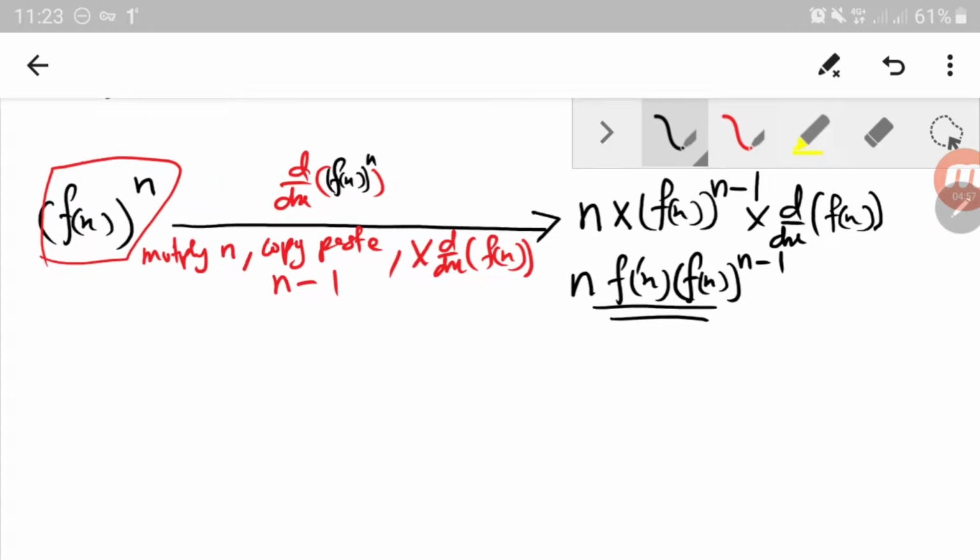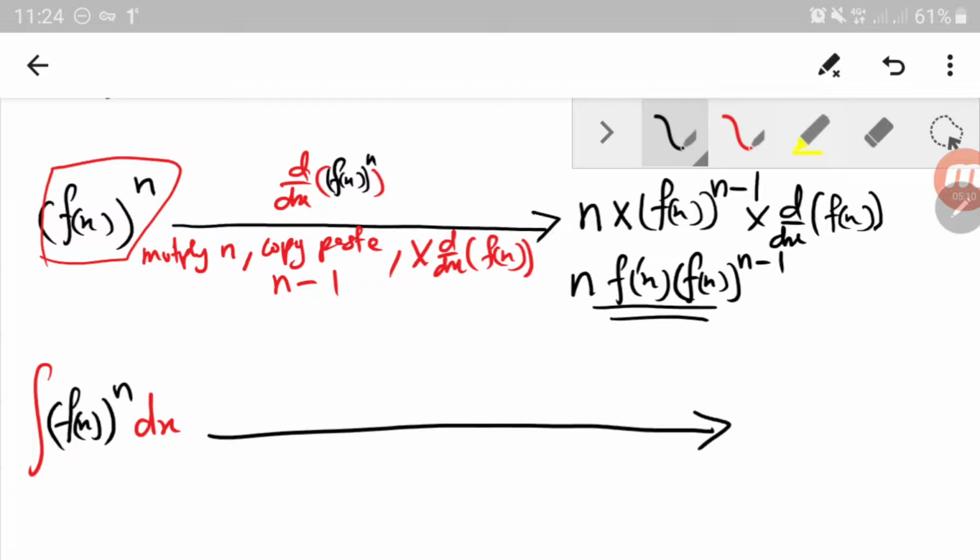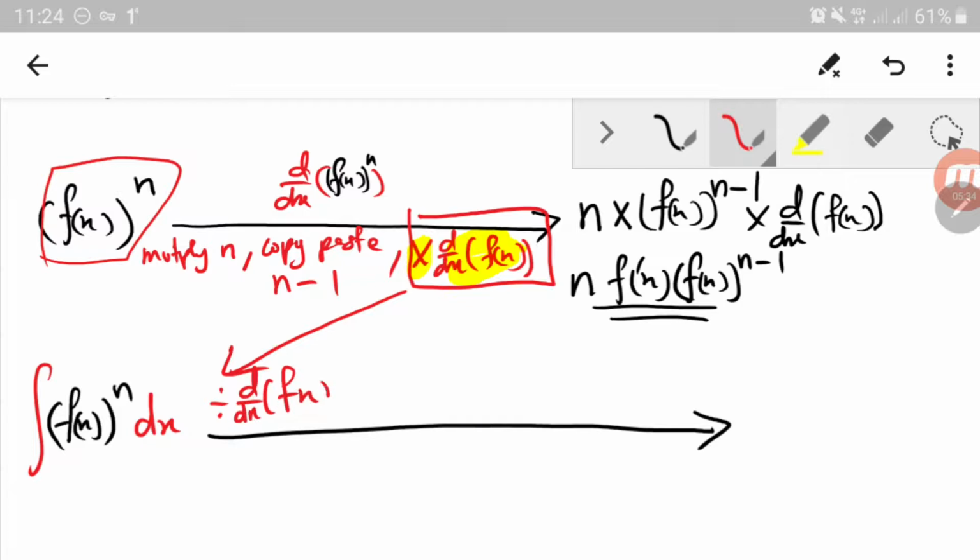So what happens if we integrate this type of function with respect to x? As I said in the previous video, integration is just the reverse process of differentiation. So we turn the latest process into the first process. Just now we multiplied by the differentiation of f(x), now we divide by the differentiation of f(x).